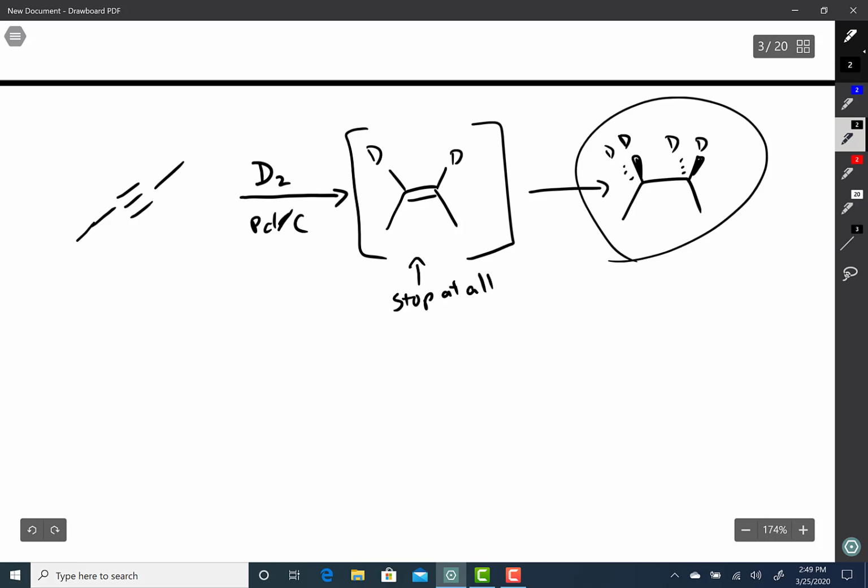at the alkene, you need to use what's called poison palladium, or a weakened form of palladium. In this case, the weakened form of palladium that we have is what's called Lindlar's catalyst. So instead of palladium on carbon, we use D2 and Lindlar's.